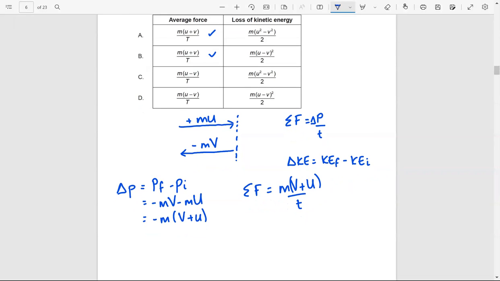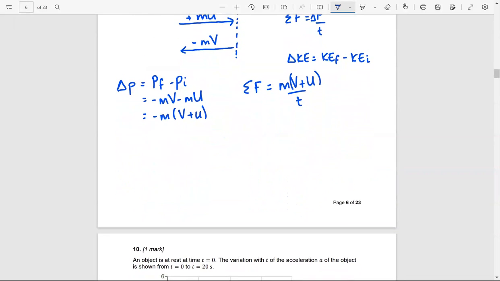Now we need to work out the loss of kinetic energy. So to work out the loss of kinetic energy, we are going to do KE final minus KE initial, which is half mv squared minus half mu squared.